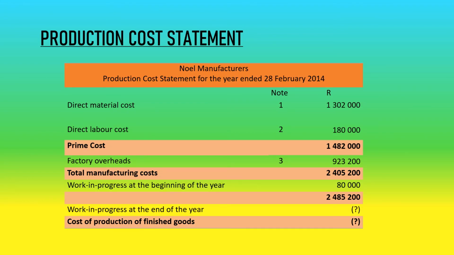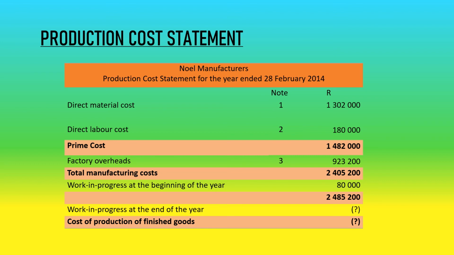Coming back to our production cost statement, we have calculated direct material, direct labor, and factory overhead in the respective notes. So now we add up direct material and direct labor, which gives us our total prime cost. And when we add factory overhead to prime cost, it gives us our total manufacturing cost.